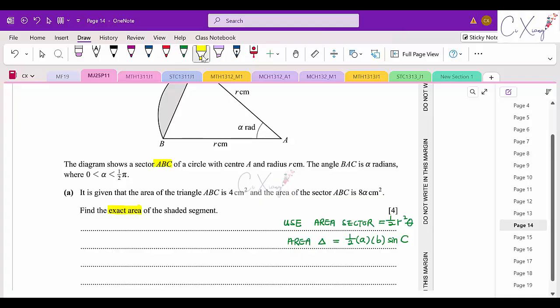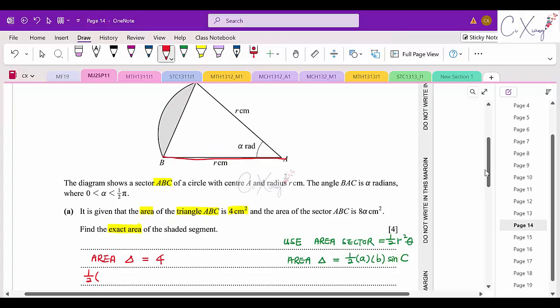If you refer back to the question, they said the area of the triangle ABC is 4 cm squared. So we are going to apply our formula here. Area of triangle is given as 4. According to the formula, area is half a times b. One side of the triangle in our diagram is AB, which is the r, the radius of the circle.